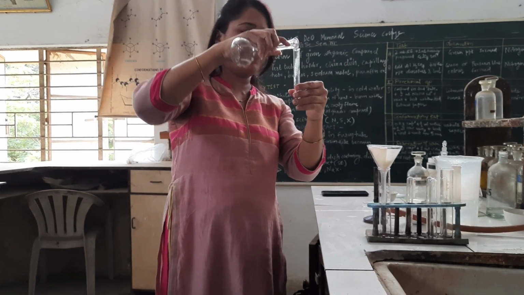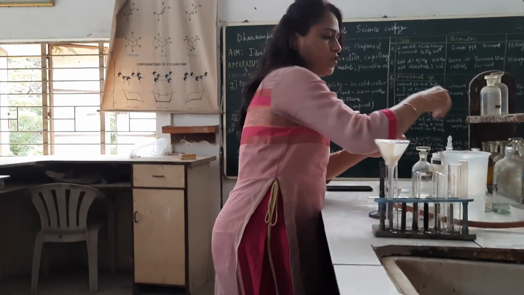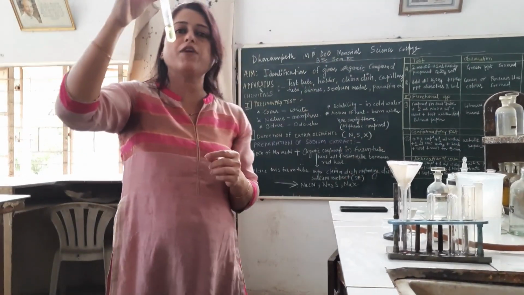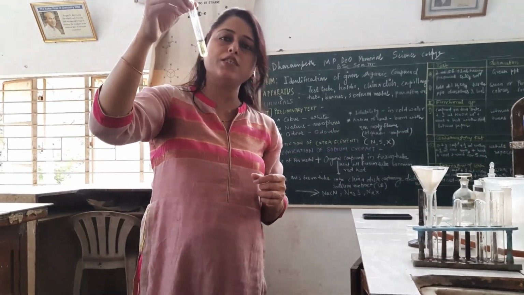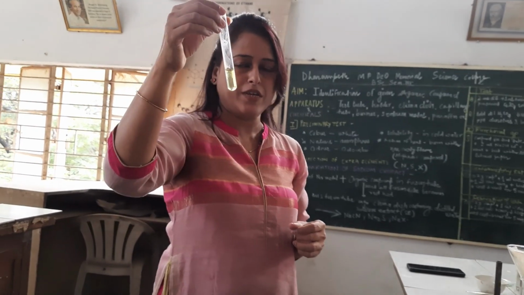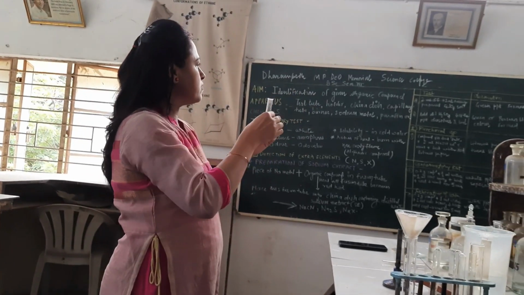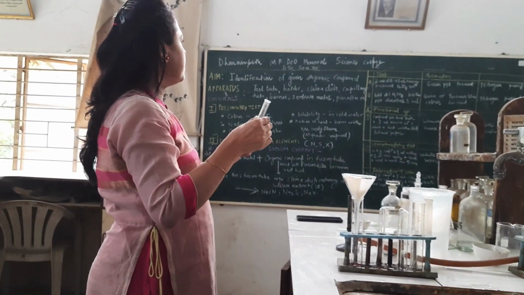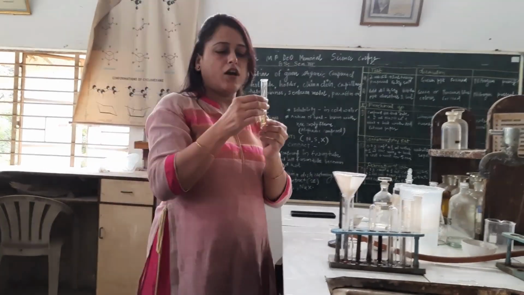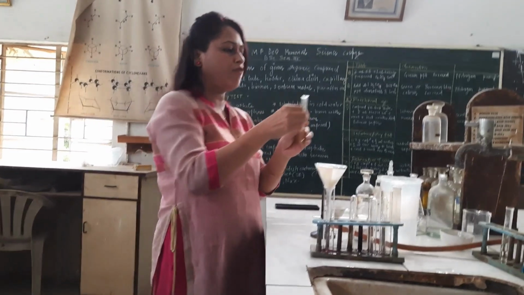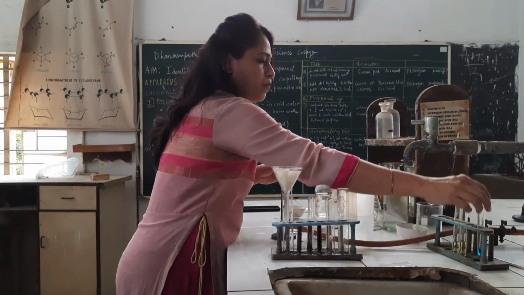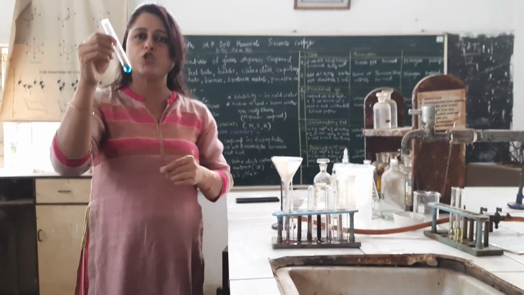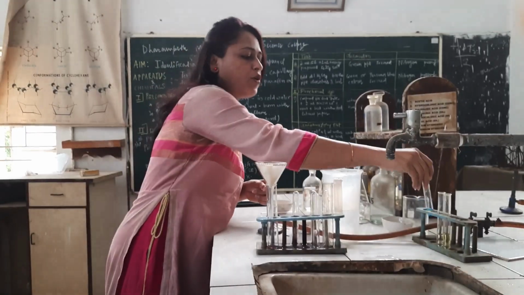What color should we get? We should get this type of green color. If we are getting green color, then nitrogen is present in the given compound. Now again, we have to add dilute H2SO4 in this solution, heat it, boil it, and after boiling, we will get this type of Prussian blue color. So it indicates that nitrogen is present in the given organic compound.